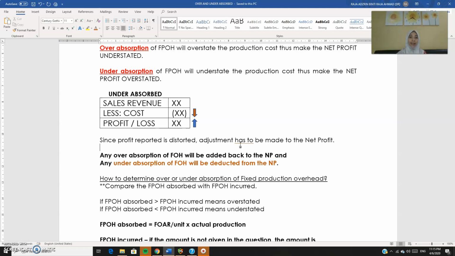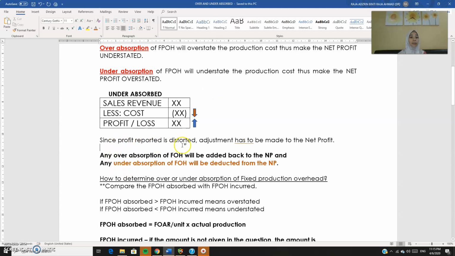But if I absorb only 8 into the product, I incur 10 and absorb 8, which means I have under absorbed by 2. If I have under absorbed my cost, what happens? Cost will be lower. So when my cost is lower, the profit reported will be higher.